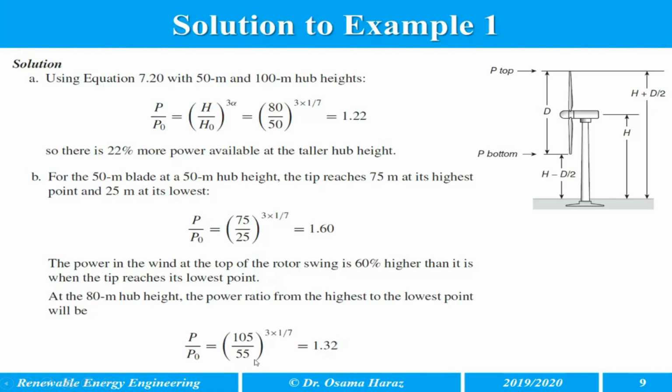So 105 over 55 to the power 3 alpha, you get 1.332. That means 32%. The power in the wind at the top of the rotor swing is 32% higher than it when the tip reaches its lowest point.